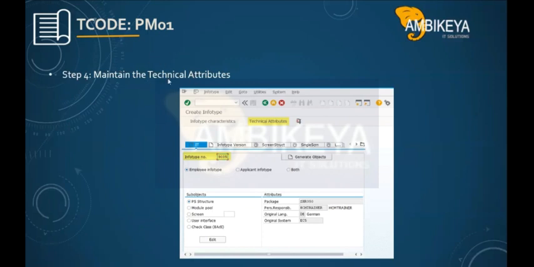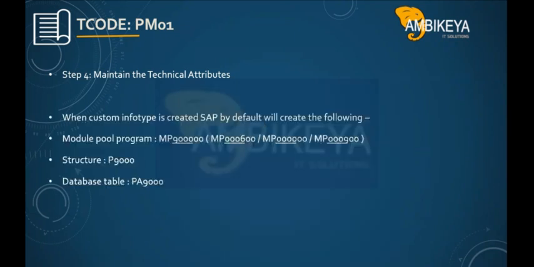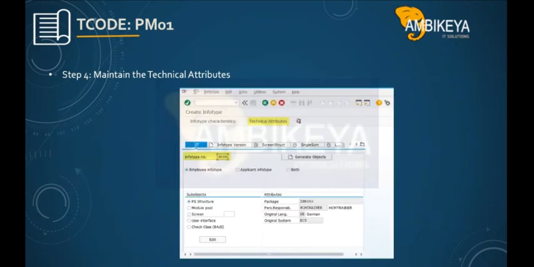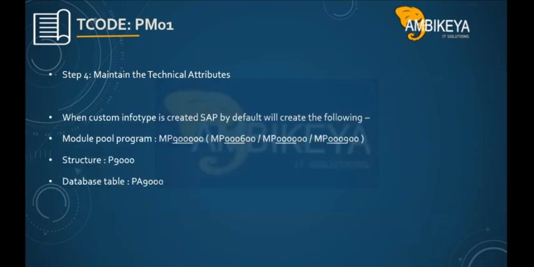And then the fourth step is maintain the technical attributes. That's it. When we are doing the technical attributes, the module program, corresponding structure and database table will be created by default.